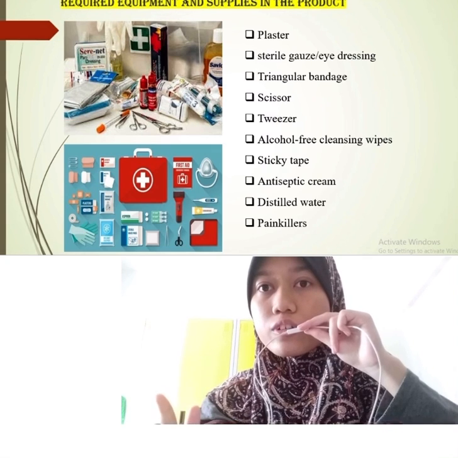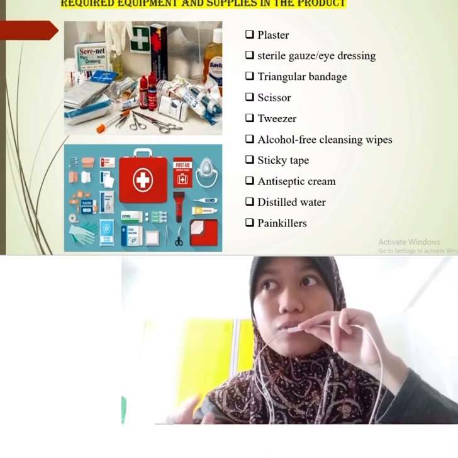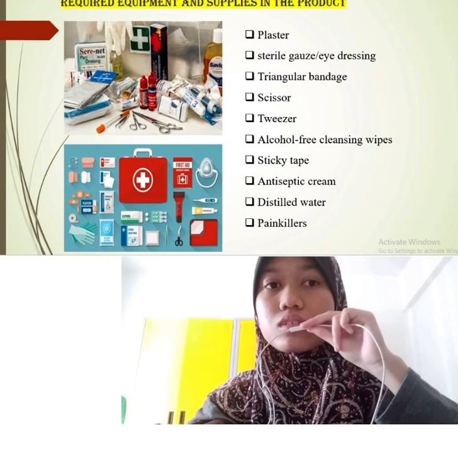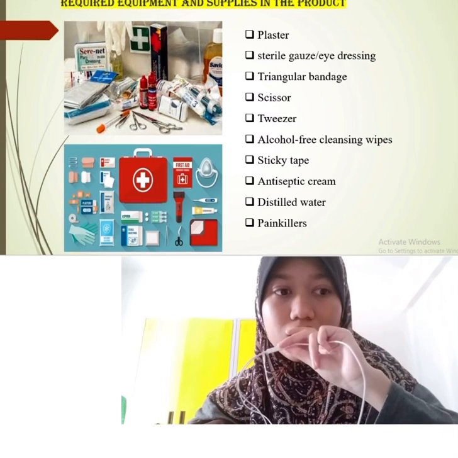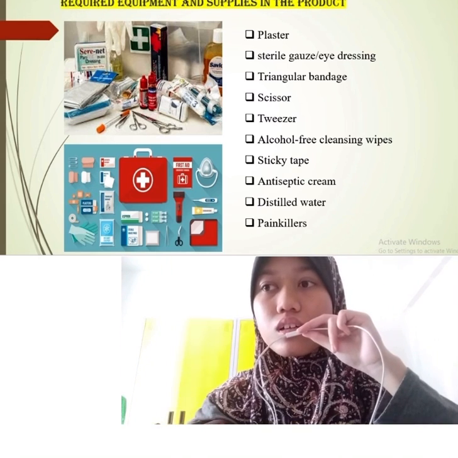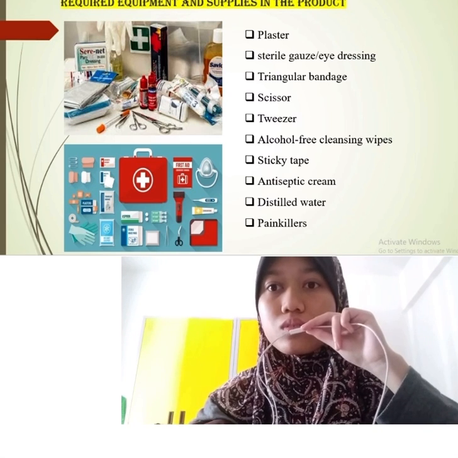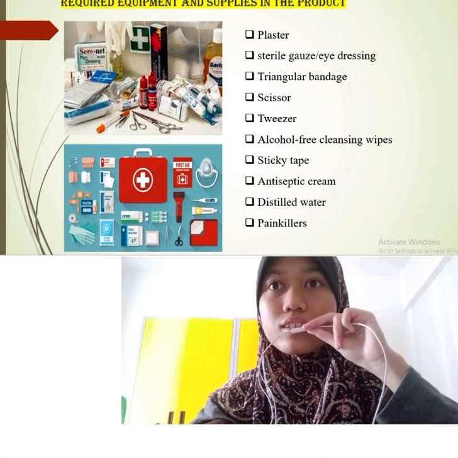It's used for children, and there are also ibuprofen and aspirin. Aspirin is used when you are above 8 years old up to 60 years old. Okay, that's all for me.